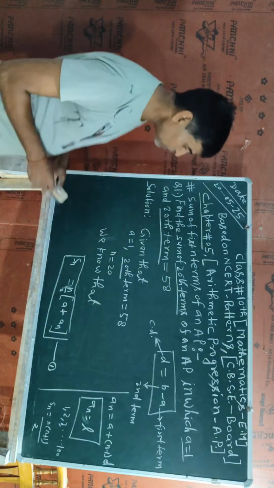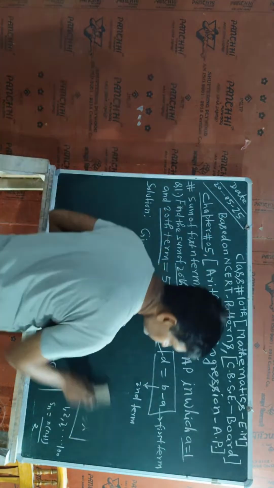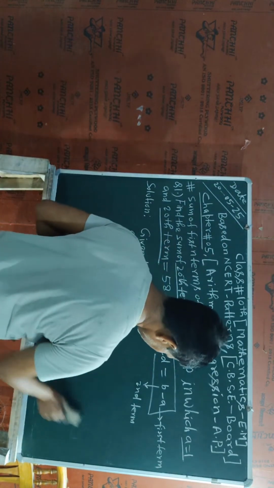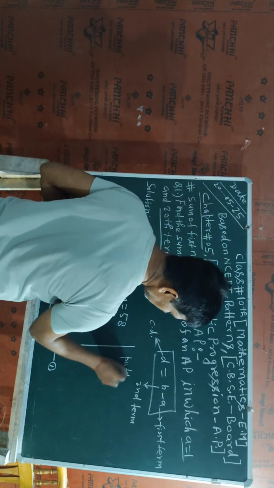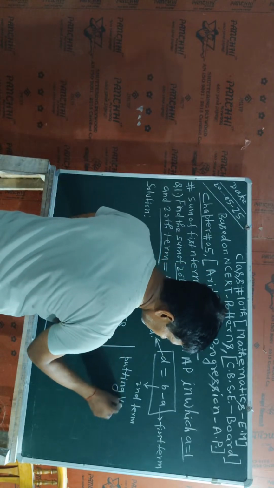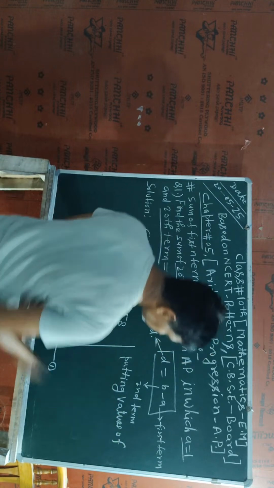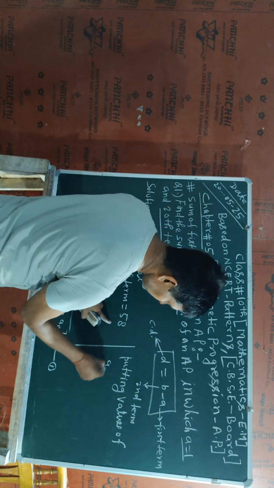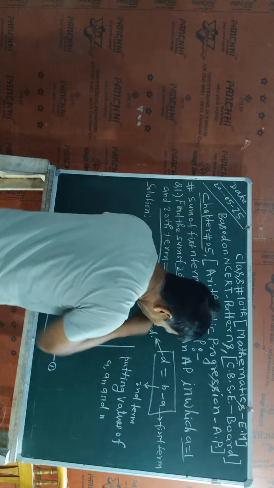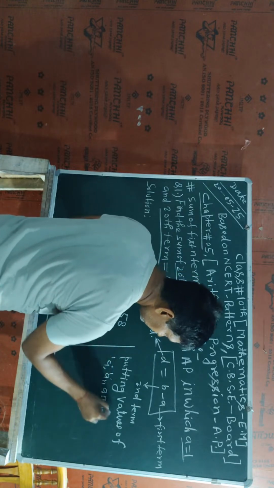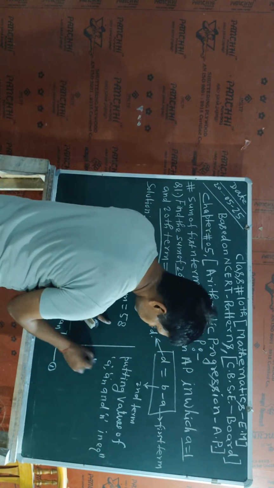So I will substitute. Now I will write one piece of information, and that information I will explain in detail later. Here I am putting the values of a and an in equation 1.